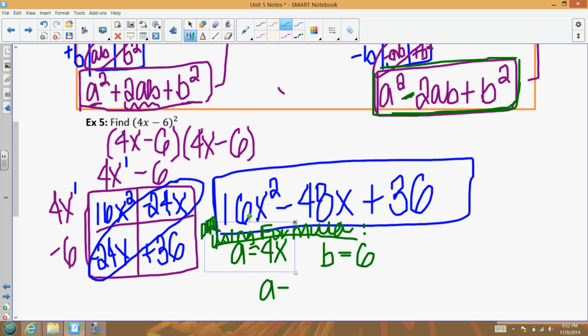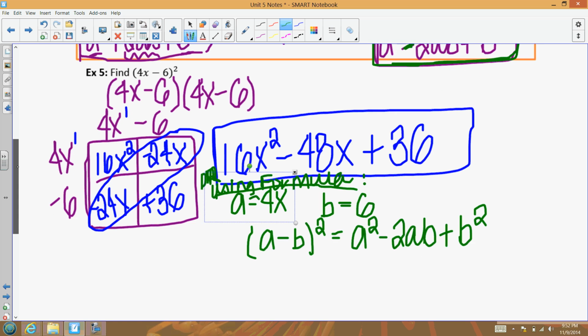So a minus b squared, this entire thing squared, is equal to a squared minus 2ab plus b squared. So I can go ahead and plug in.